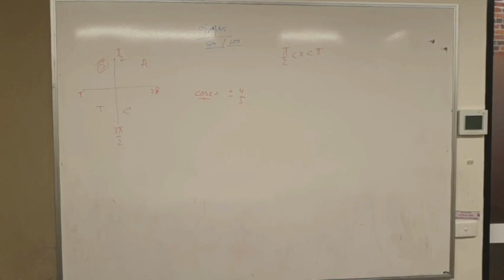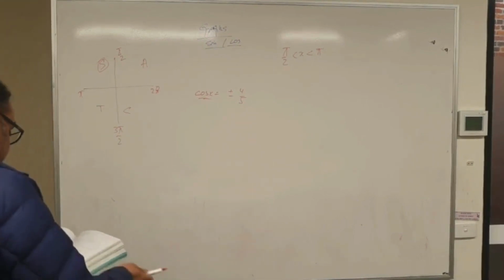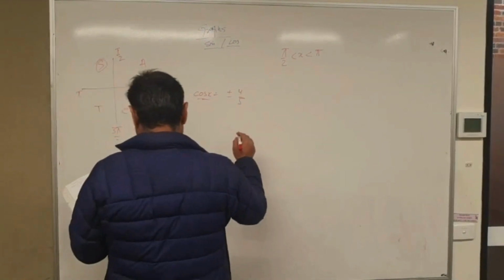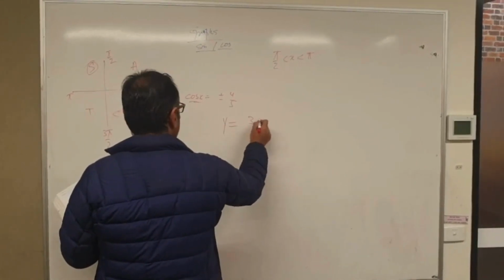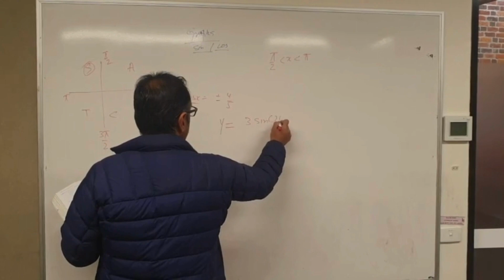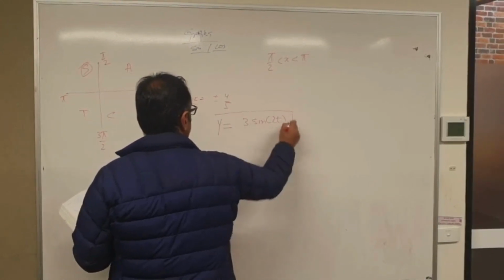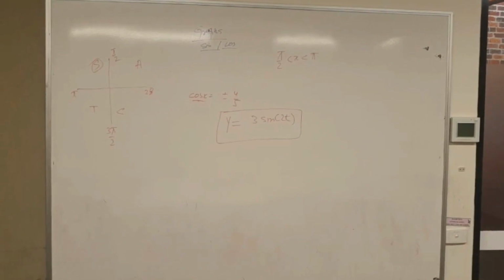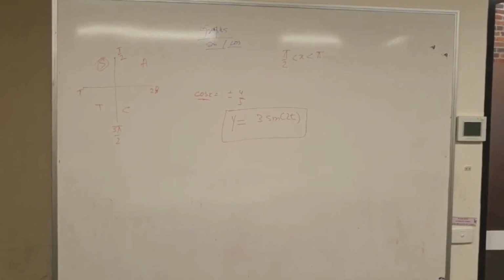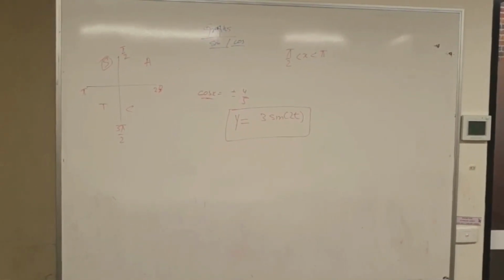Now, if I give you a very simple question, can you quickly graph y equals 3 sine 2t? What's the domain?